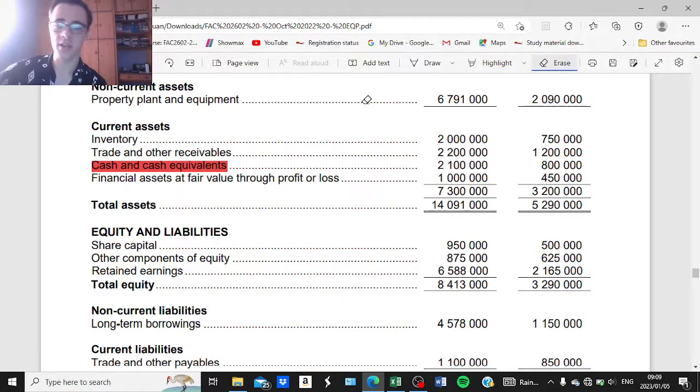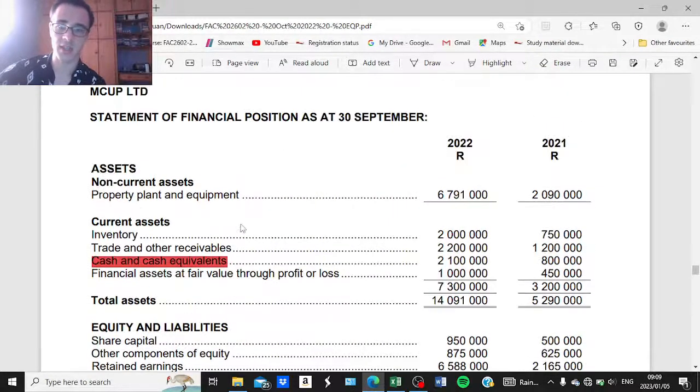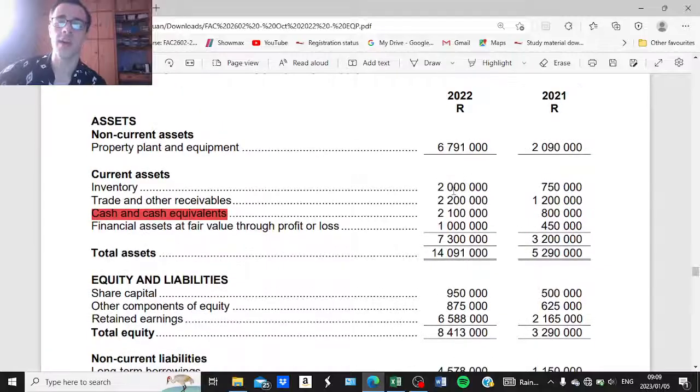Right, so if we look at our cash and cash equivalents line item, as shown under current assets, we have a closing balance of 2.1 million. As you should also notice, the latest year or the current year's figures are always given first. So this first column will represent the closing balance for each item, whereas the last column or the second column will represent the closing balances of the previous year.